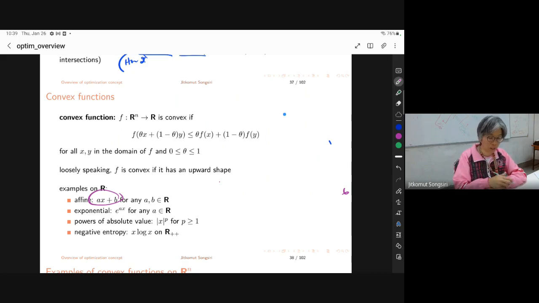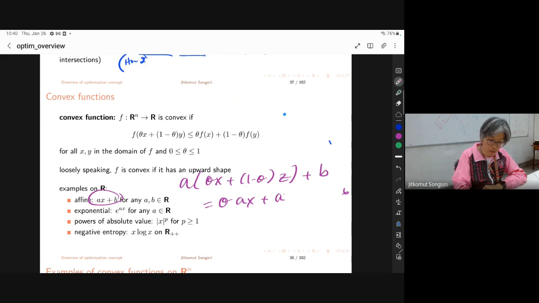Now you verify f of theta x plus 1 minus theta z, which is a of theta x plus 1 minus theta z, plus b, and this equals theta of ax plus a z minus a theta z, and plus b.